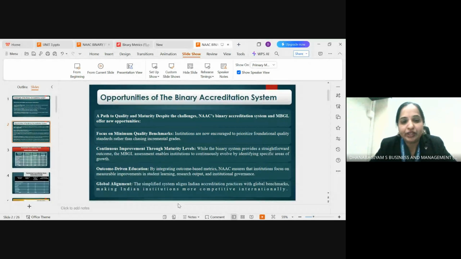MBGL, the maturity based grade level assessment, enables institutions to continuously evolve by identifying specific areas of growth. Through this process we can find out where we are lacking.